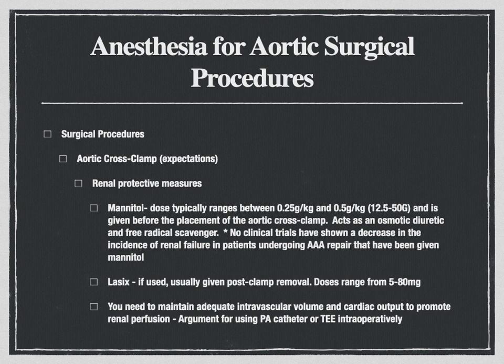Also, Lasix, the loop diuretic, if used, is usually given post-clamp removal, and the dose ranges anywhere from 5 to 10 milligrams, which would be a renal perfusion dose, to a true diuretic dose of up to 80 milligrams. You need to maintain adequate intravascular volume and cardiac output to promote renal perfusion, and this would make the argument for placement of a PA catheter or a TEE intraoperatively.